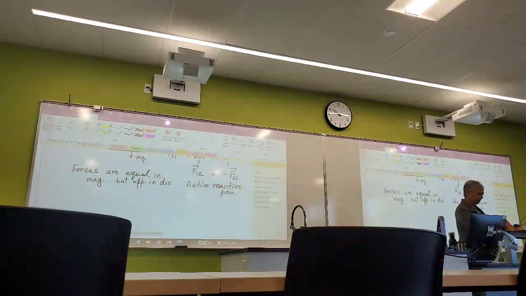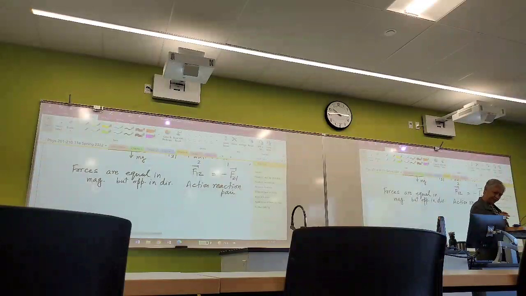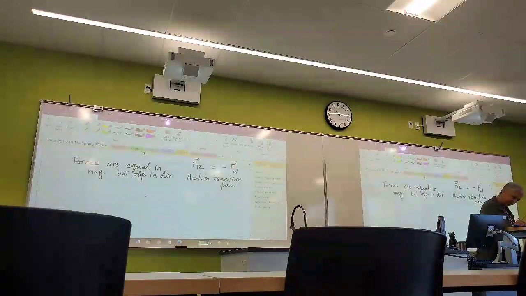Okay. Now let's go back to this example and see if you understand. Please answer. I can hear you even with your mask. Let's say, going back, the table and the book.